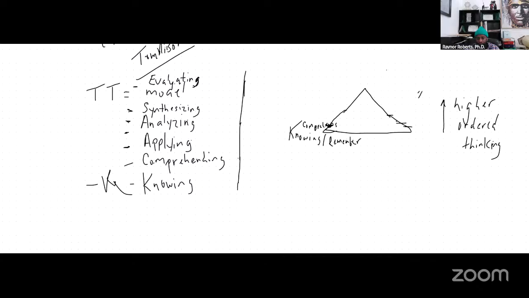And businesses use the old taxonomy. Here's the reason why it's wrong. Synthesizing means to create. But what do you do after you create? You evaluate what you create, because evaluation is continuous improvement.